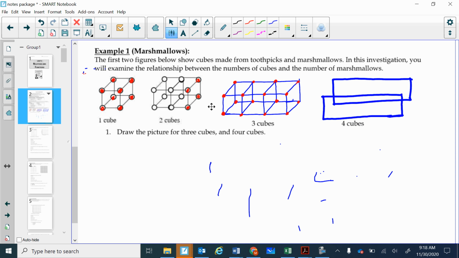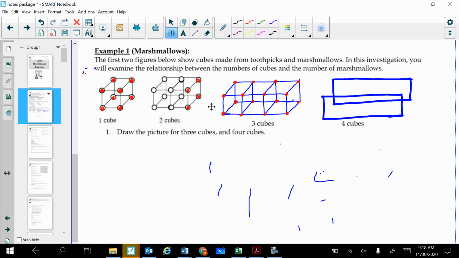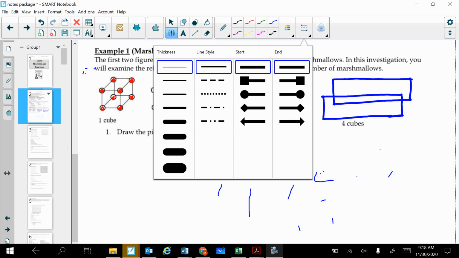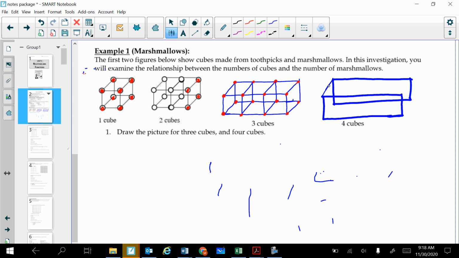There. Okay, that's better. Sorry about that. I'm going to make sure this is still recording. Yep. Okay, cool. Still in business. Okay, and we're going to divide this into 4, following the same method. Okay, mark your marshmallows.